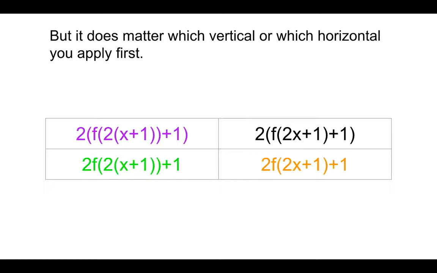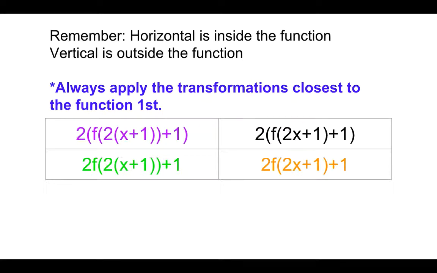Okay, so we see our 4 different options here. And just as a reminder, the parts that are within the function, that are changing directly with the x value, those are our horizontal transformations. And the ones that are affecting the outcome, the f of x, they're on the outside of the function, those are our vertical transformations.